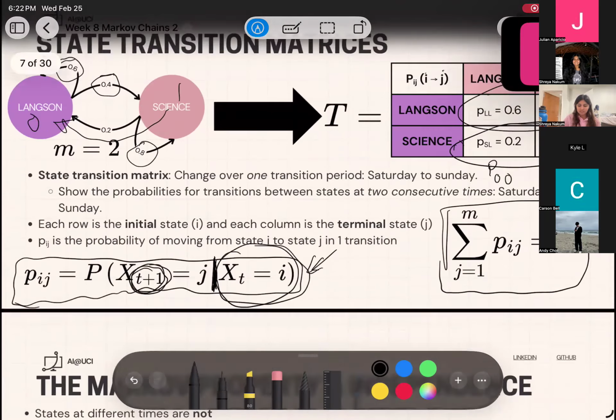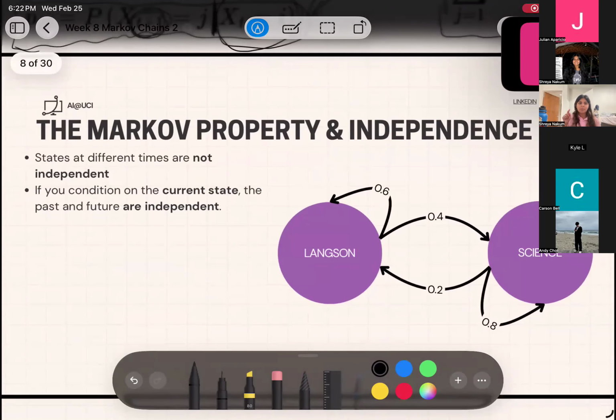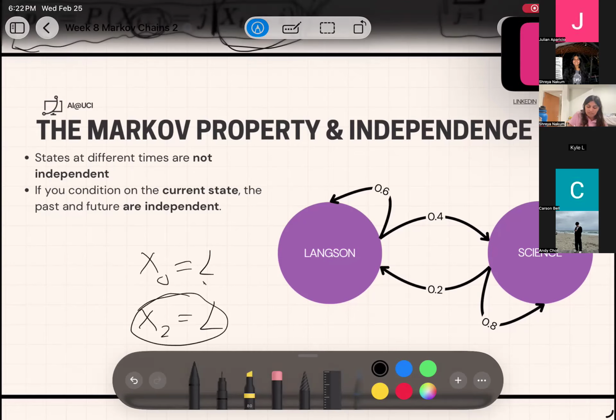It's not 0.6, because it depends on where you were at that middle time. If at x0 Langston, x2 also Langston, the probability that this happens depends on where you were at x1. If you were still at Langston at x1, your probability of being at Langston again at x2 is 0.6. If you were at science, the probability changes. It's 0.2 now.